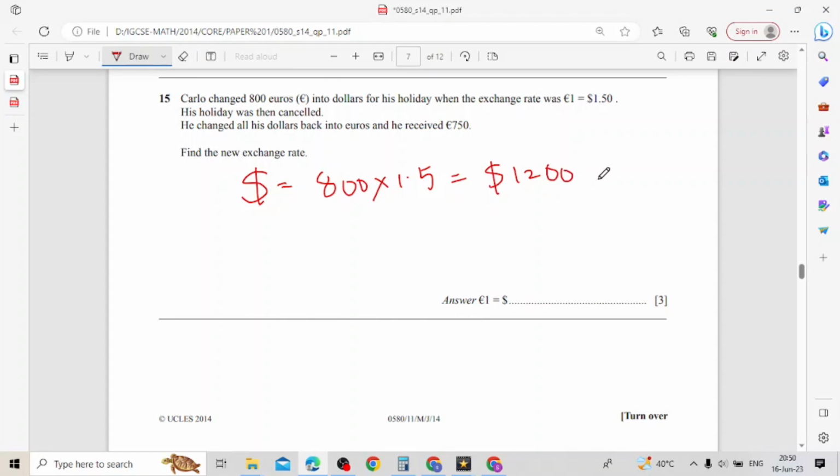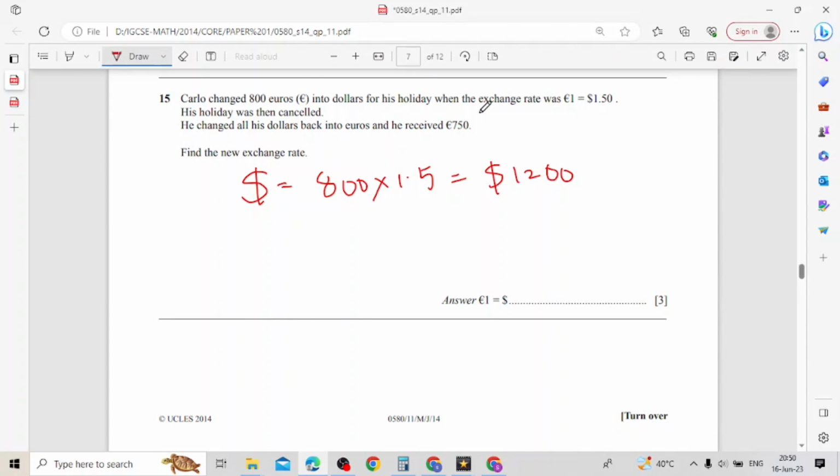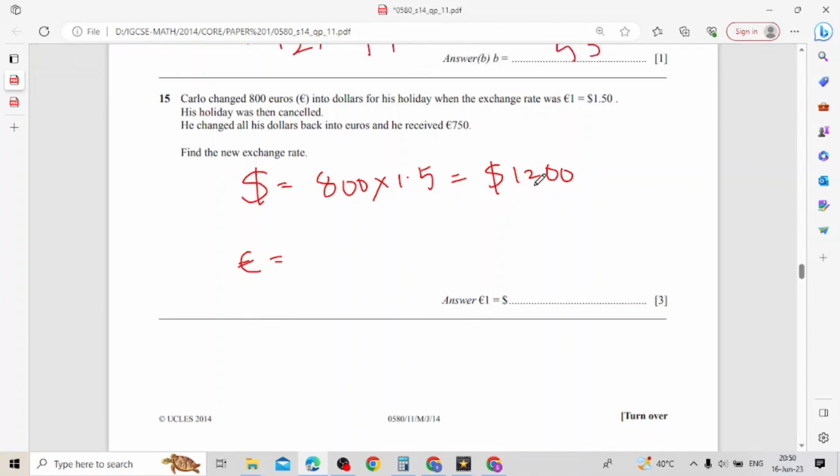Now, his holiday has been cancelled, so he changed all the dollars back to euros. So let's see how we're going to calculate. Now let's get back to the euros. For $1,200, how much will be the euros?